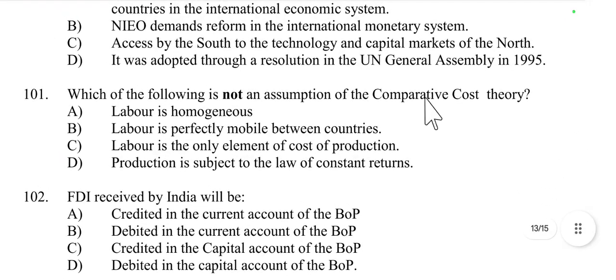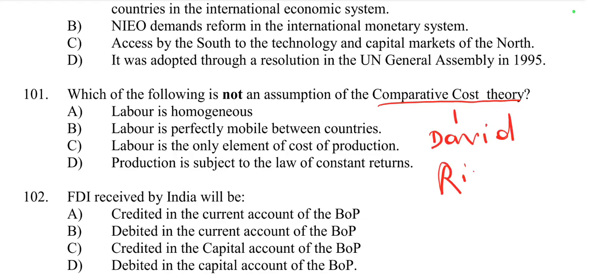Then question number 101. Which of the following is not an assumption of the comparative cost advantage? Comparative cost advantage was developed by David Ricardo. It is a fundamental concept in international trade that explains how countries can benefit from trade by specializing in goods for which they have a comparative advantage.